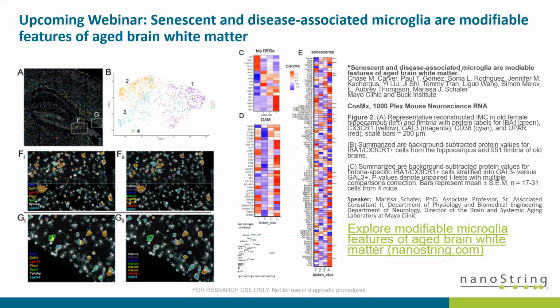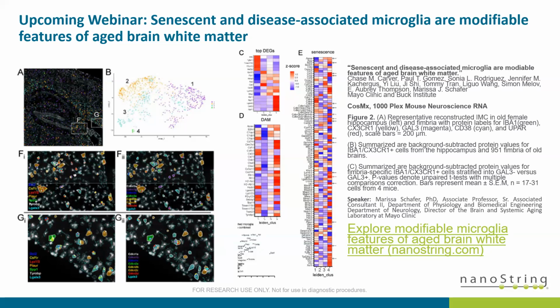So for those that might have an interest around some of these neuroscience applications, I wanted to highlight the specific webinar that's being performed by Dr. Marissa Schaefer out of Mayo Clinic, Rochester. So interesting applications that we're seeing, in this case, using our mouse 1000-plex neuroscience RNA panel on CosMx. And there also is a use of our genomics application for the mouse whole transcriptome as well.